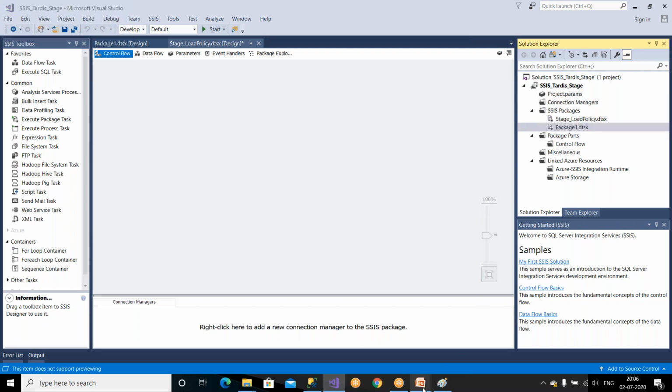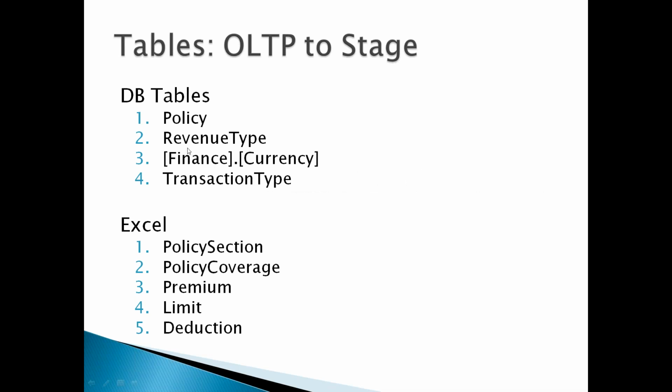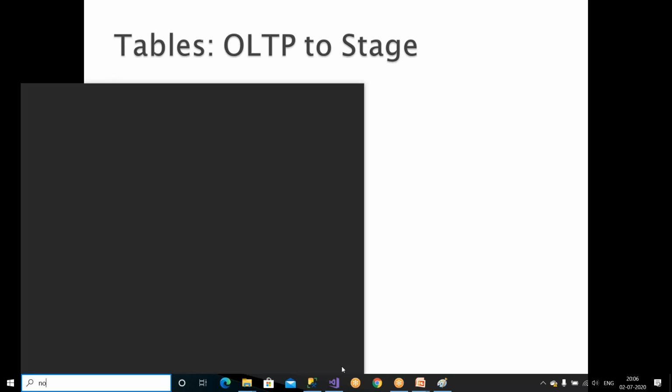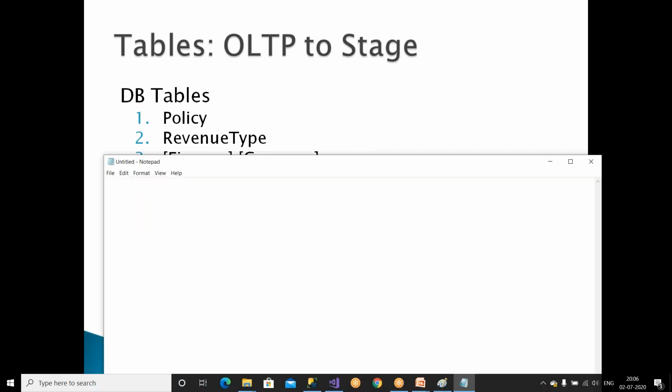The second table would be, what is the second table? Second table will be revenue type. So the naming convention would be the same thing. What is the naming convention that you should follow? The first naming convention is stage underscore load policy dot DTSX.